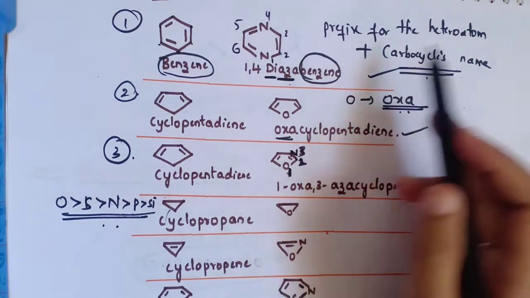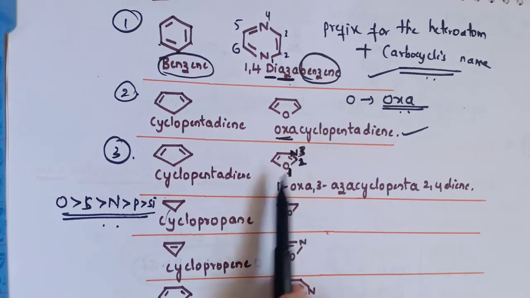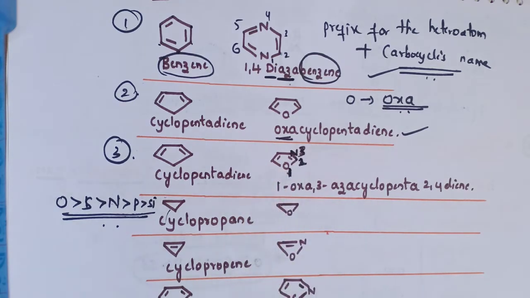We already know the prefixes for the heteroatoms. The prefix is oxa. There are two different heteroatoms, so we give the numbering, and for the same heteroatoms also we should give the numbering. Since there is more than one heteroatom, we give the numbering.